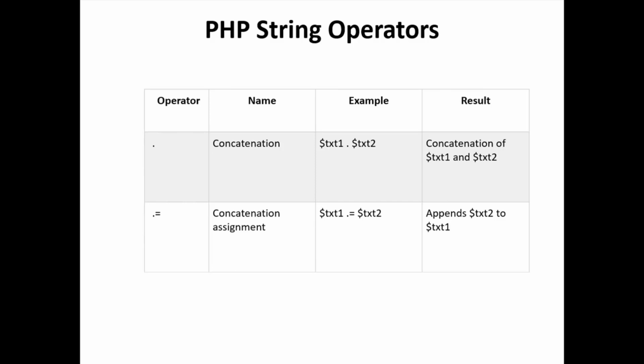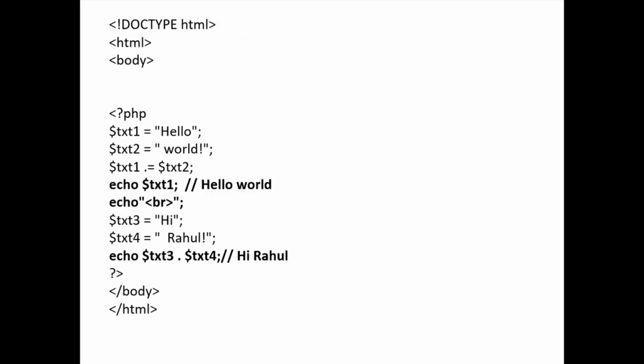Dot equal to is concatenation assignment, that is text1 .= text2, so it appends text2 to text1. These two are the string operators that are performed only on strings. This is the program which you can use at your end for practice.